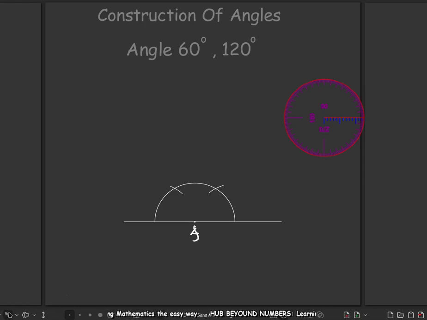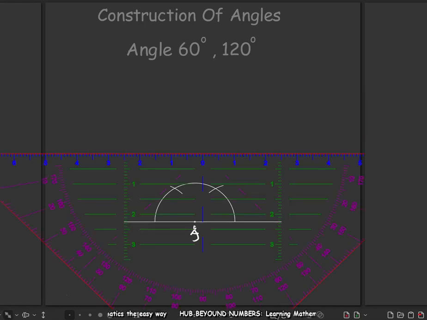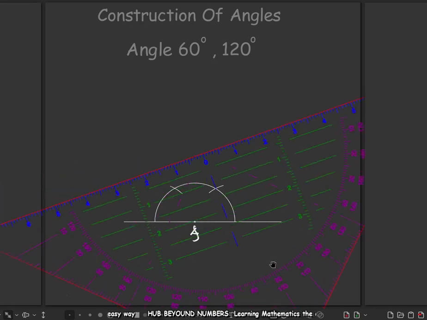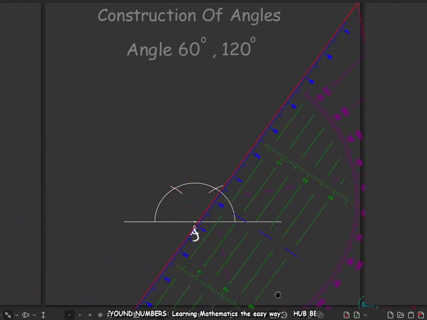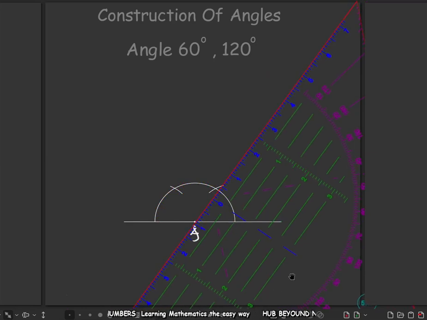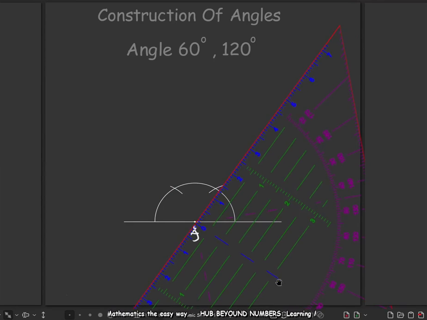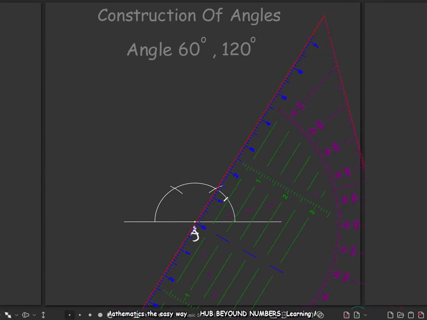So all we need to do now is to take our ruler and then draw a straight line through it. So I'm taking my ruler at this point and I'll draw a very straight line through the point of intersection of my semicircle and these arcs. So with my ruler from point A to my point of intersection of the arc and the semicircle, I'm going to draw a line. See?